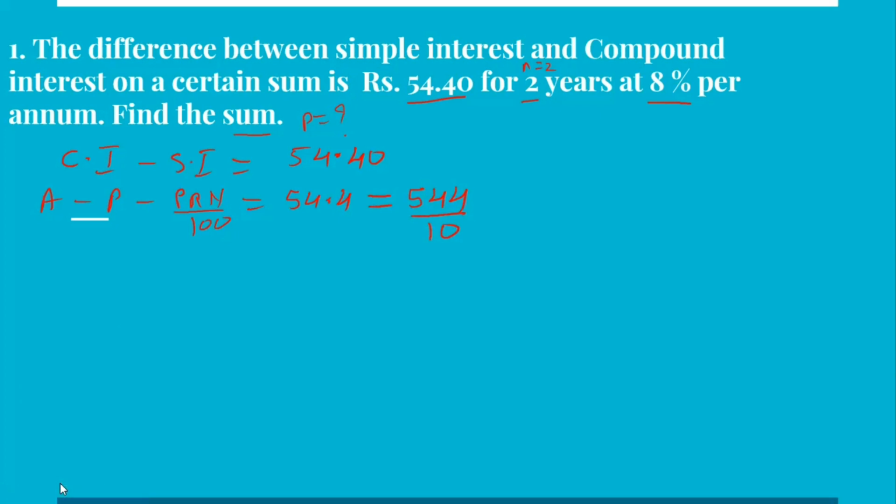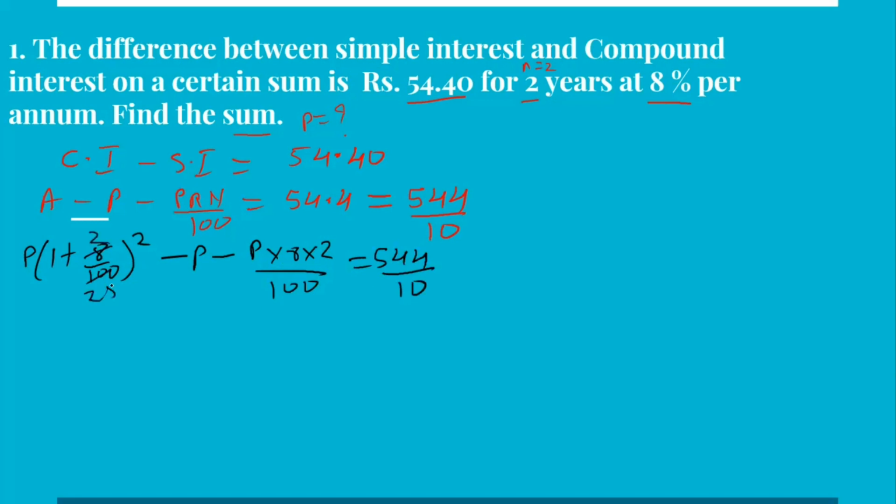Let us put the formula for the amount, which I haven't written here. A is P into bracket 1 plus R, where R is 8 upon 100, raised to N, which is 2, minus P, minus the simple interest, where the rate is 8 into N which is 2, upon 100, is equal to 544 upon 10. Simplifying, dividing by 4, 4 twos are 8, 4 twenty-fives are 100.